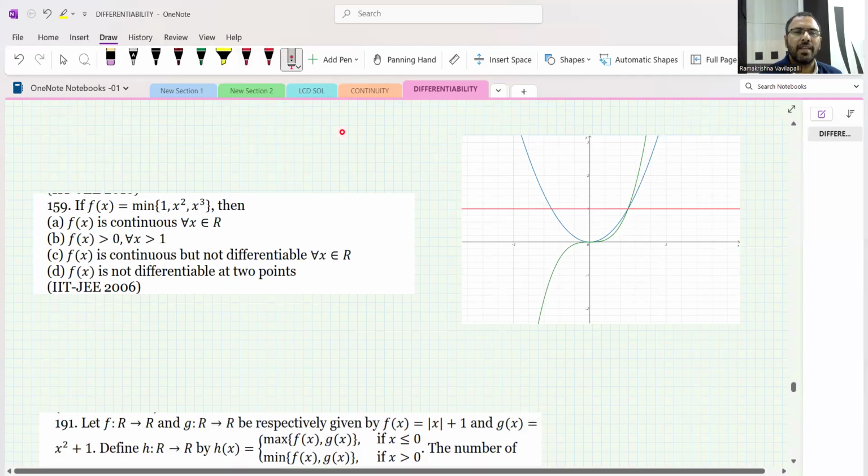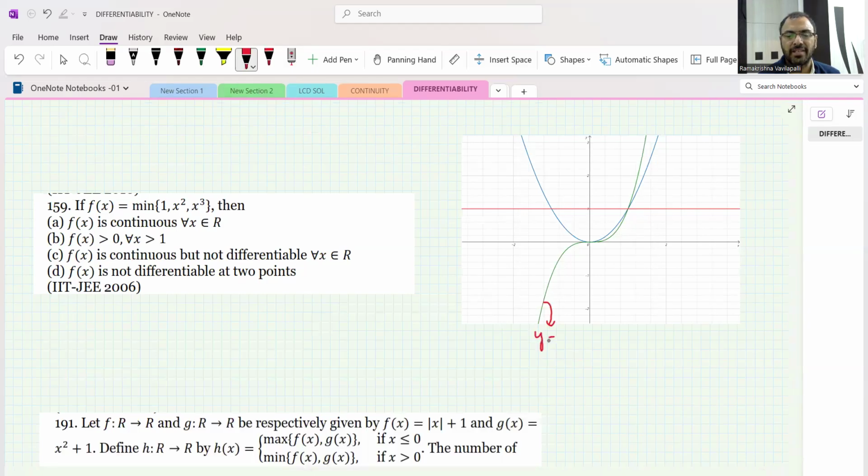This is the graph of y equal to x cube. And this is the graph of y equal to x square, a parabola opening upward sitting at the origin. And this red line is the y equal to 1 line.